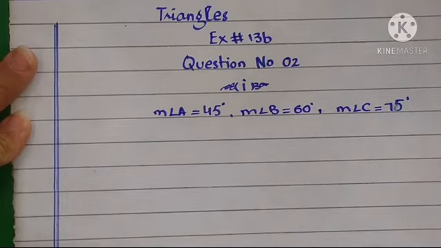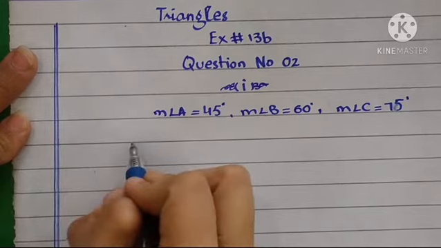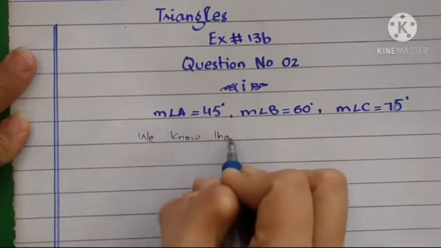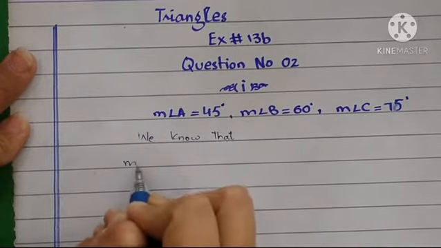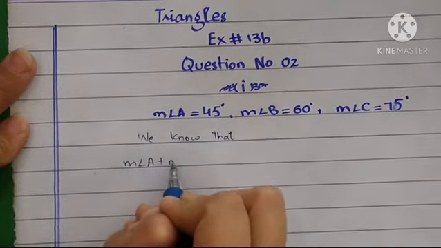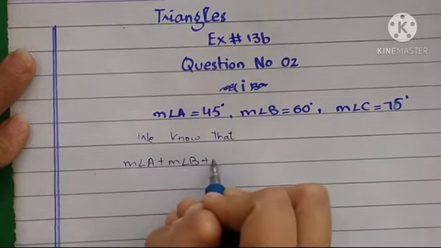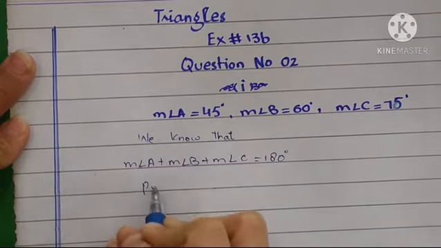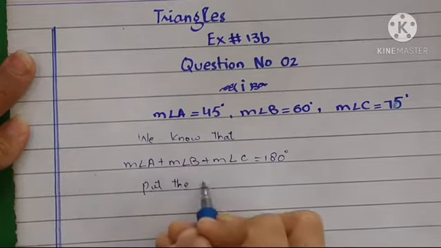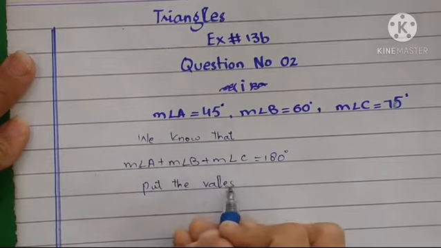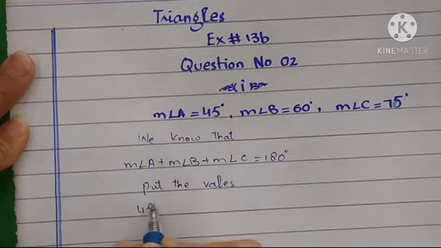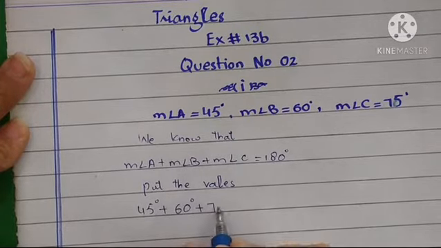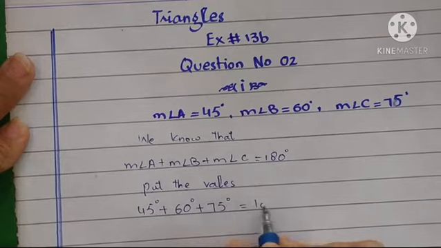Now, we will solve this question. We know that the sum of all interior angles of a triangle is equal to 180 degrees. So, we will put the values: 45 plus 60 degrees plus 75 degrees equals 180 degrees.